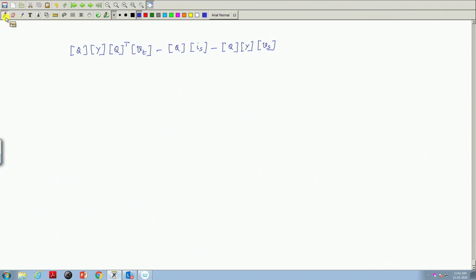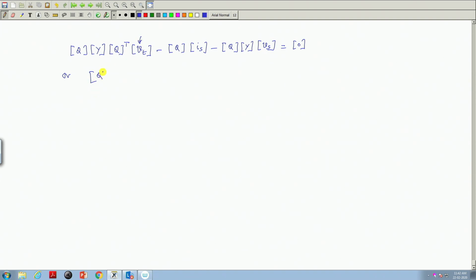So, this is the thing, and this is equal to 0. Or I can say that my target is to compute this one.